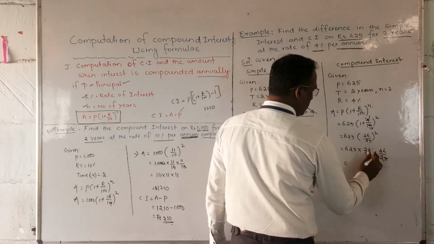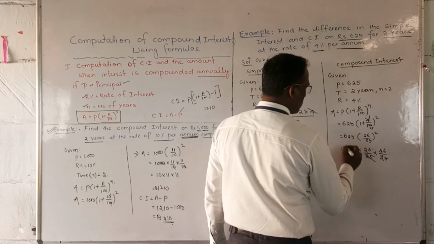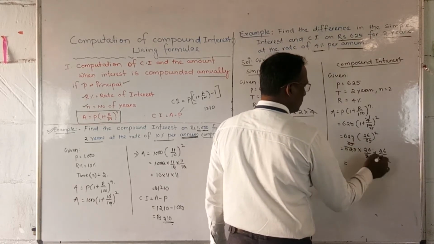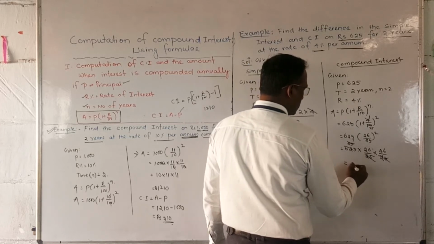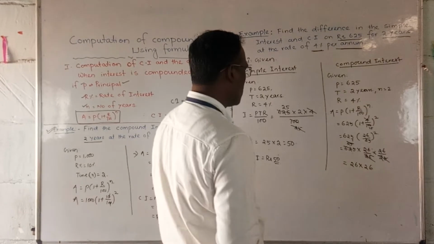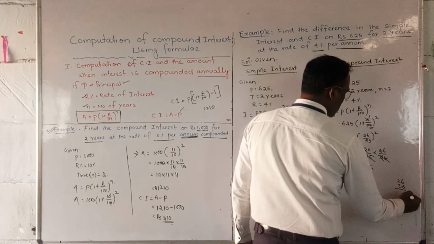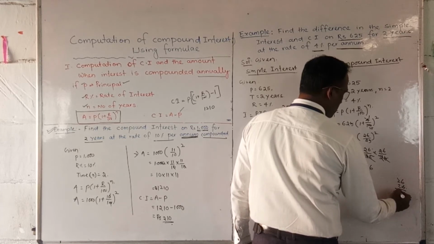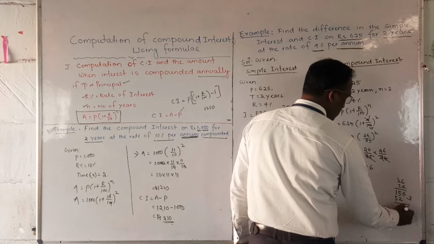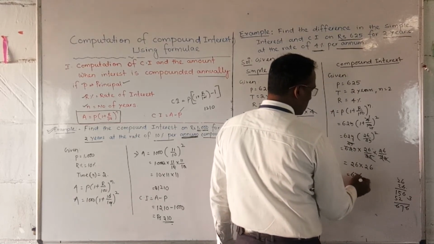If 25 will cut 25, again 25 cuts 25. So now we got the answer 26 into 26. Okay, 26 into 26 how much? 676 rupees. Okay, this is the amount.